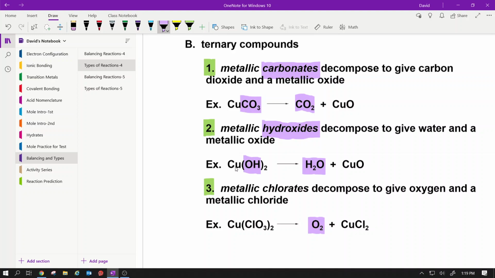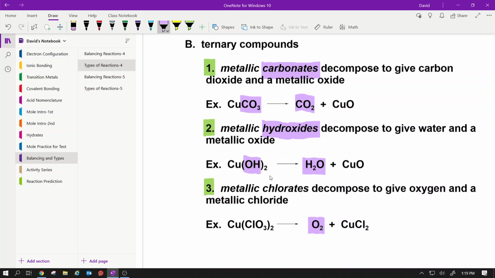So again, we have the metal with the leftover oxygen, just like we did up here, and the OH makes an H2O. You have this in your notes. I've already given you this, but you can be looking at it and marking it. All right, hydroxides produce a water.